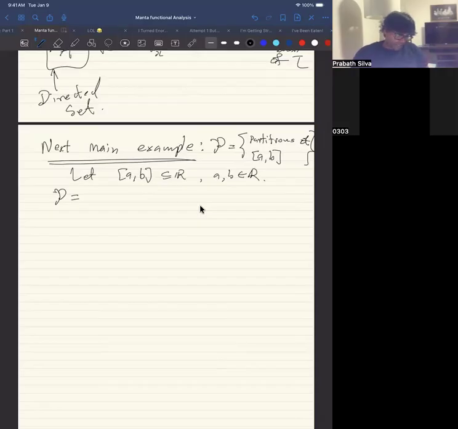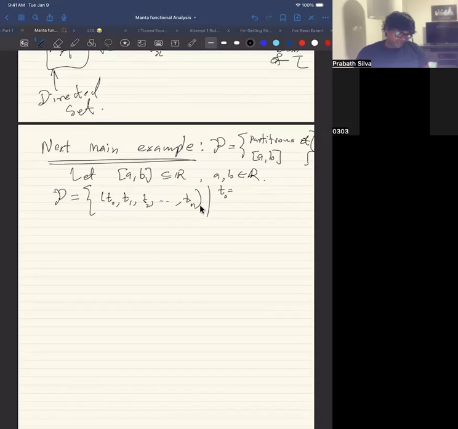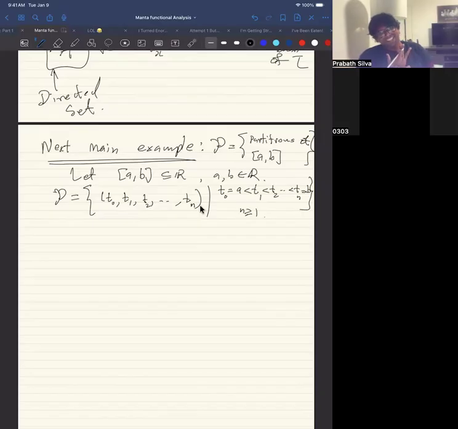So the partition P is a sequence of points T0, T1, T2, up to Tn, where T0 is A, T0 is less than T1 less than T2, and so on, and Tn is equal to B. And n is greater than or equal to 1.